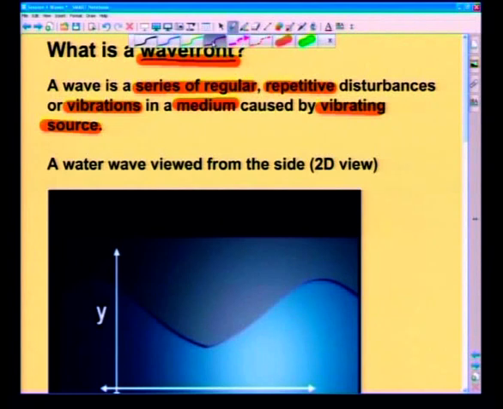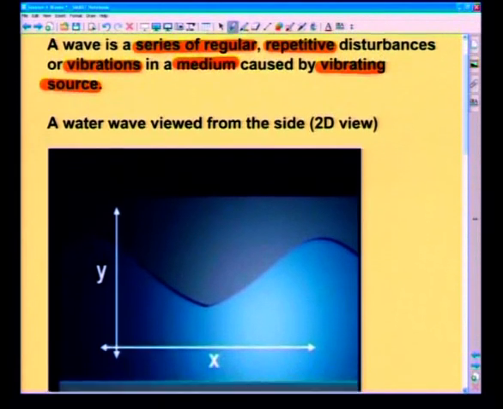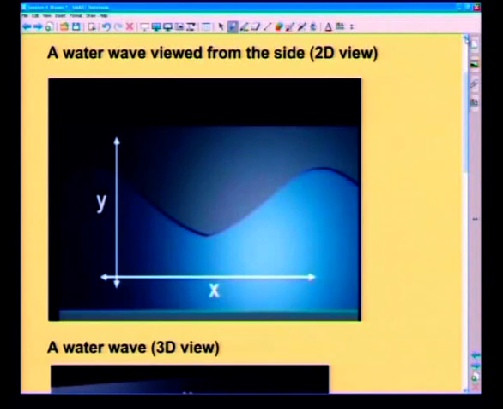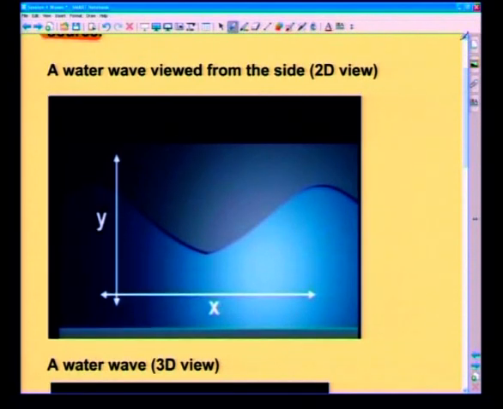Now, a water wave, for example, when we view it from the side, say you're standing next to the sea, maybe at the beach, and you're looking at the sea and seeing these water waves. When you view these waves from the side, what you see is a two-dimensional view.